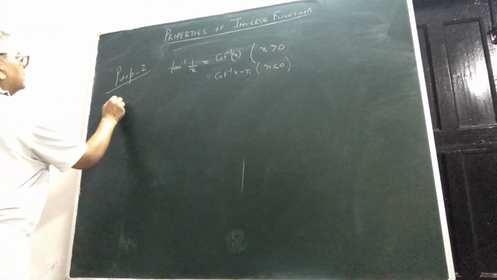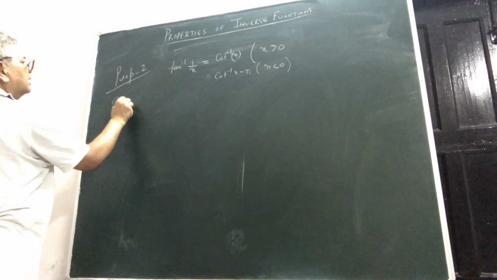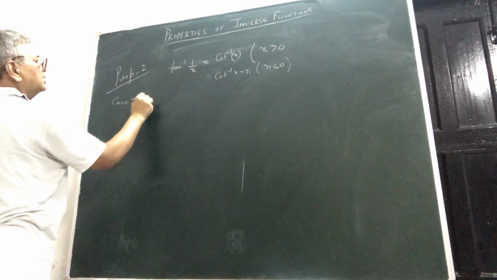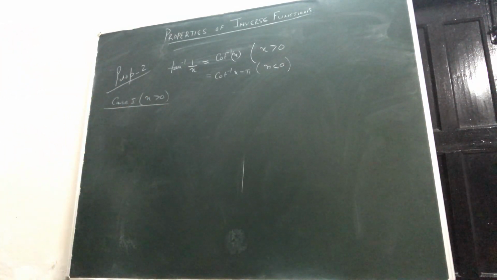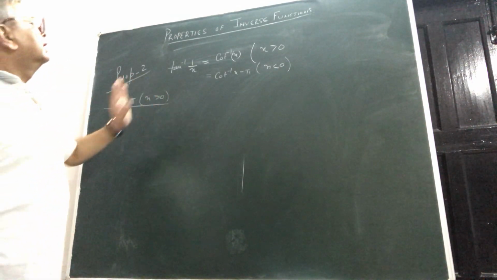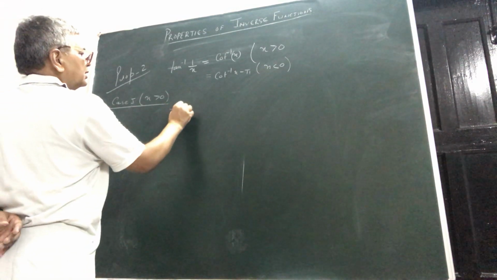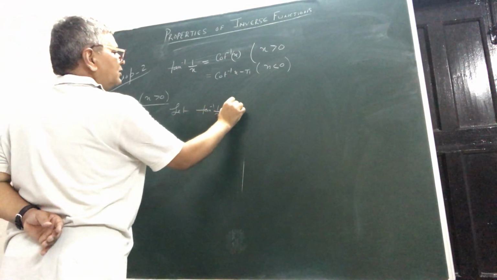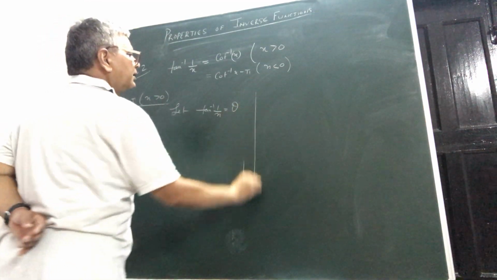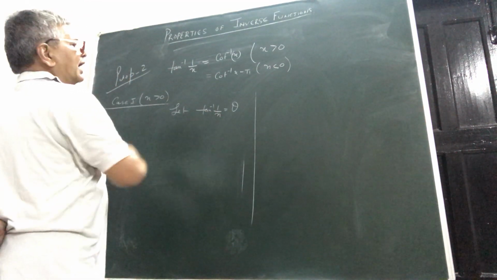First case, case 1: x is greater than 0. Let tan inverse 1 by x be equal to, say, theta. Write down. So where will 1 upon x lie?